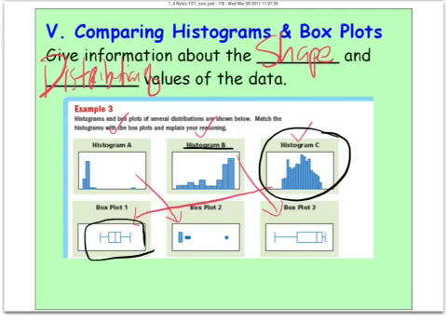Histogram B is skewed to the left. More of this data is on the right-hand side of the graph. Remember, each chunk is 25%. This little chunk right here is 25% of the graph.